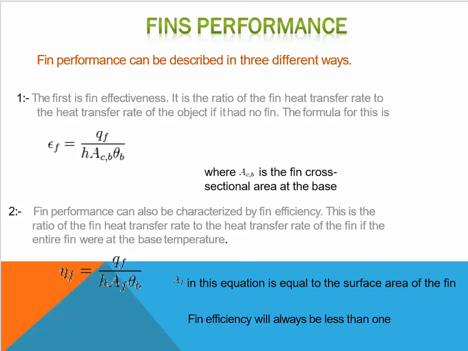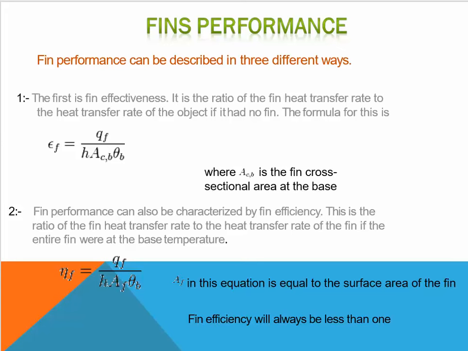The formula for this is Q_f upon h A_c,b theta_b, that is the effectiveness of the fin, where A_c,b is the fin cross-section area at the base.